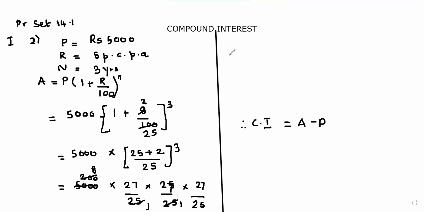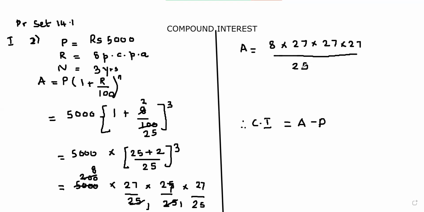So now we get A is equal to 8 into 27 into 27 into 27, 3 times, upon what am I left with? I'm left with 25. Now see, it does not cancel easily.